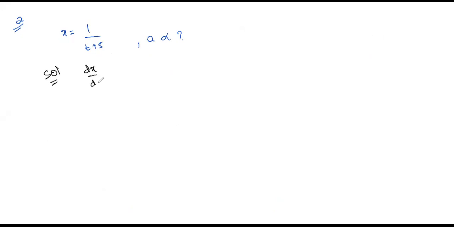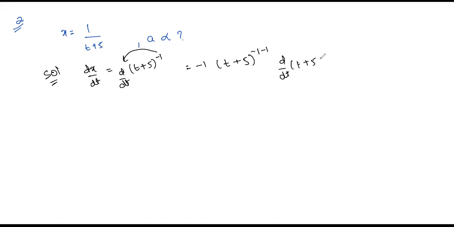We'll write dx by dt, right? This is d by dt of t plus 5 to the power minus 1. Use the chain rule. We know that this power comes in front. So right here minus 1 into t plus 5 to the power of minus 1 into d by dt of t plus 5.